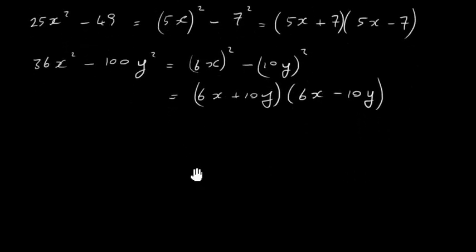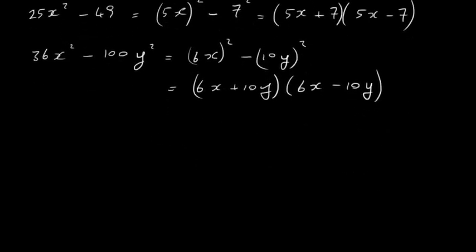Okay, let's try another one. Let's take again, let's say we'll take 36x squared y squared minus, let's say, I don't know, 121, and we'll say m squared. Okay, so in this case we need to write something down that we can square that will give us this term here. Well, the 36 is just 6 squared. The x squared is just the x.